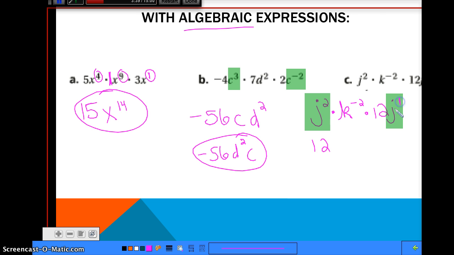There's an imaginary 1 exponent, so j squared times j to the first, adding your exponents, you'd get j to the third. And then, if you look at the k, it's a negative 2, which means to make it a positive, you have to flip it. So right now it's in the numerator. You have to flip it and put it in the denominator, which will make it a positive. There it is.